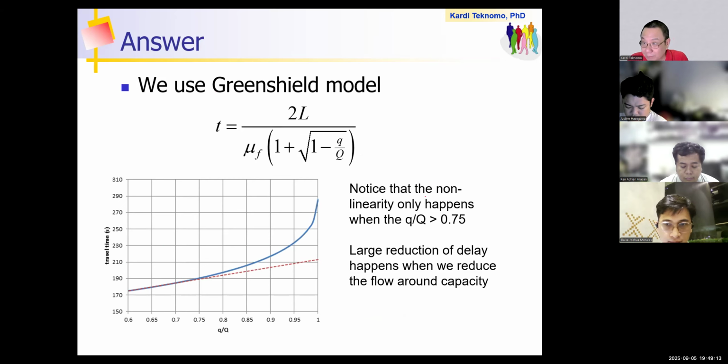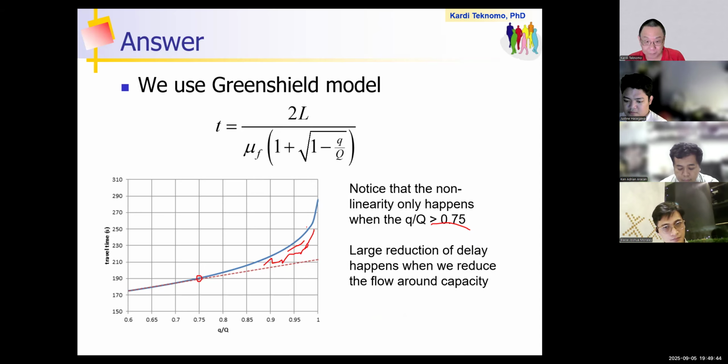Look at this, it is important. Look at the value here above 0.75. If congestion is above 0.75, can you see that it starts to separate from the linear model? This area represents the delay.